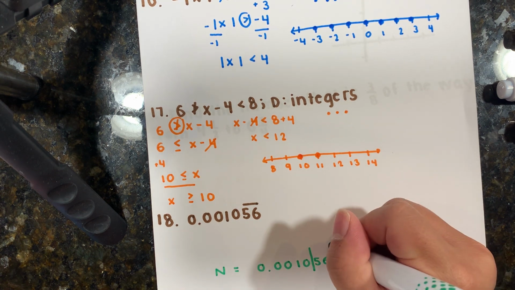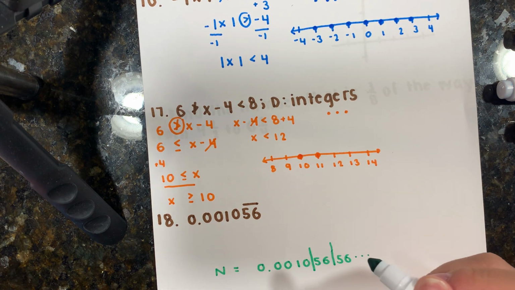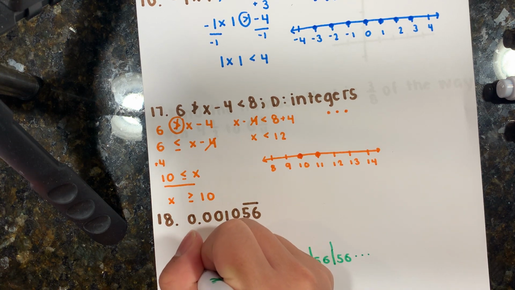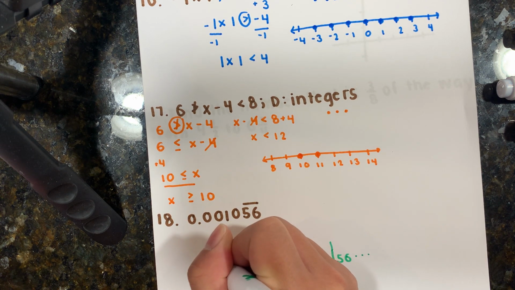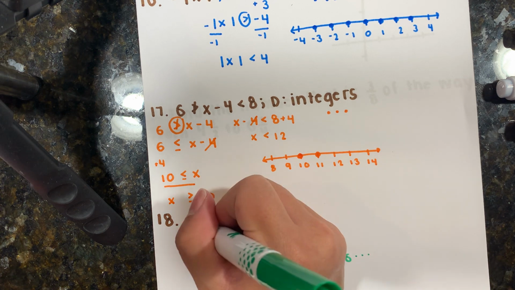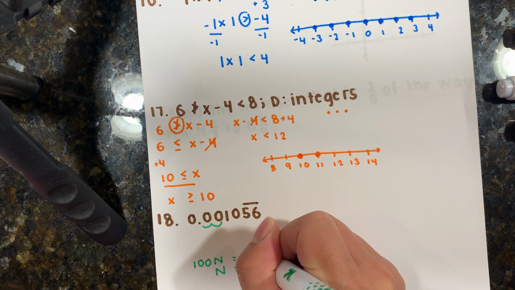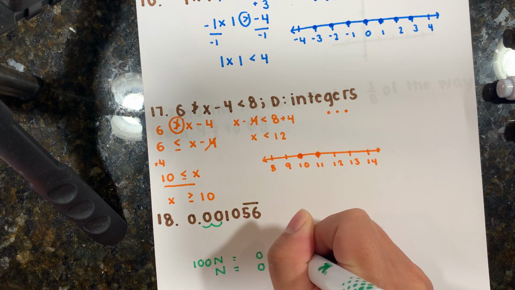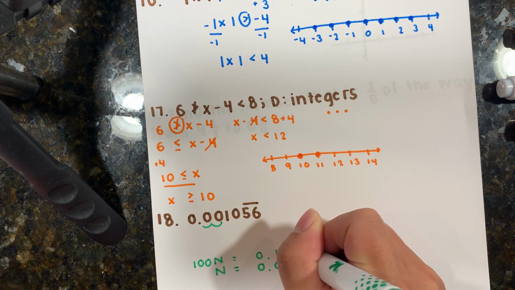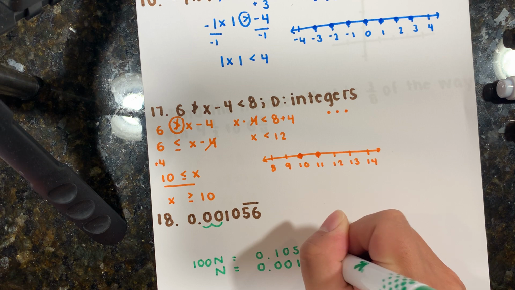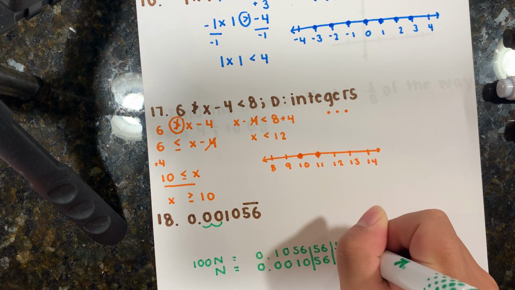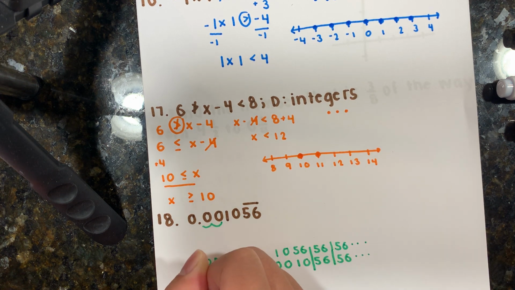So because there's 2 repeating decimals, I'm going to multiply this n by 100. So it would be 100n, moves the decimal place over 2 spots, would be 0.10565656, and the repeating decimal.